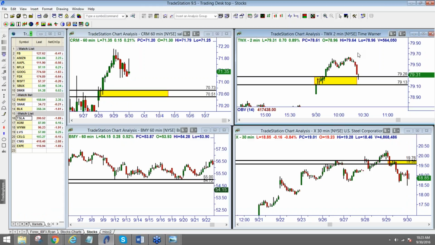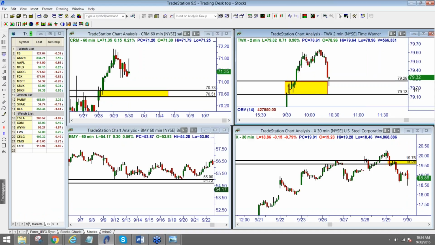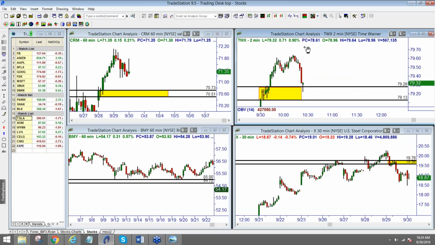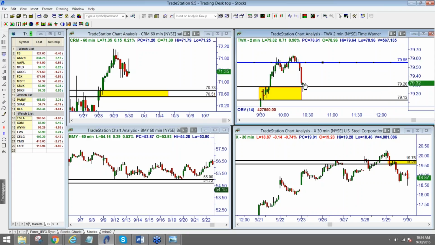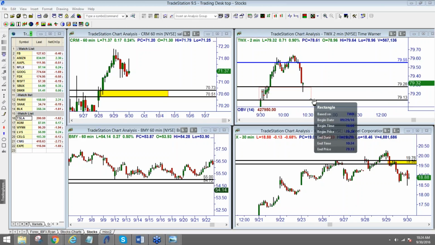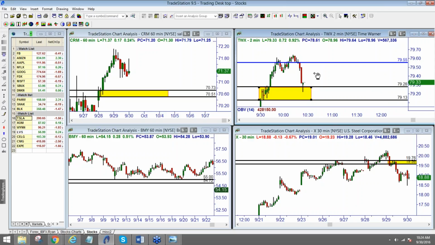Let's see here. Hold on. Sorry, I was setting up that TWX trade. So, all right, that's going to be the exit right there. Okay.